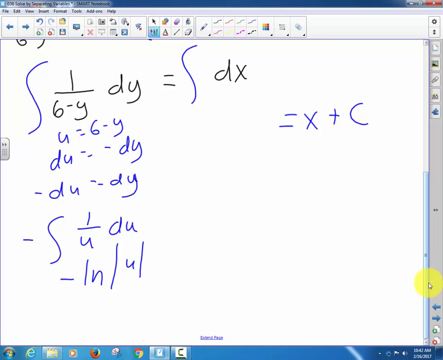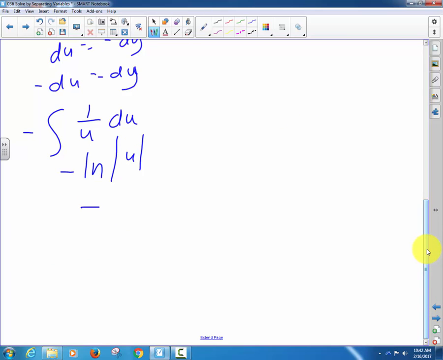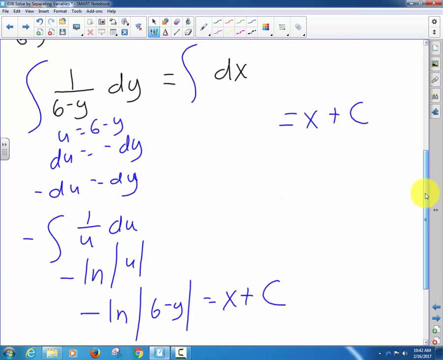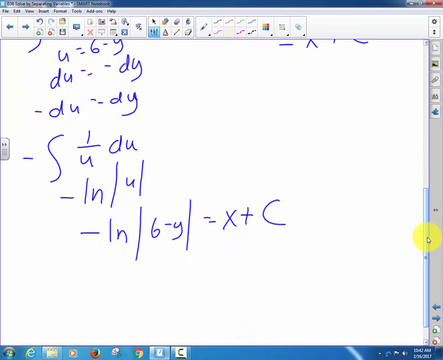But we had y's in it to begin with. So we've got minus ln absolute value of 6 minus y equals x plus c. That right side was easy to get. That left side was a booger bear.